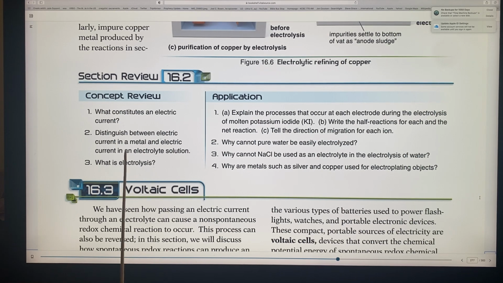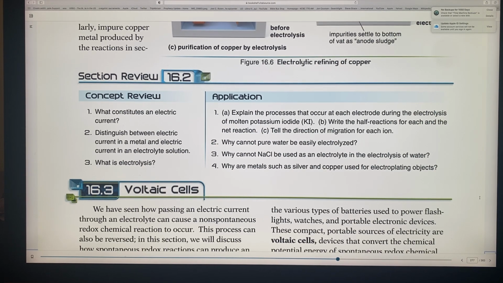In a metal, the electrons are traveling on their own all the way through the metal. In an electrolyte solution, the ions are carrying the charge. So in an electrolyte, ions carry the charge, and in a metal, it's just plain electrons going through.